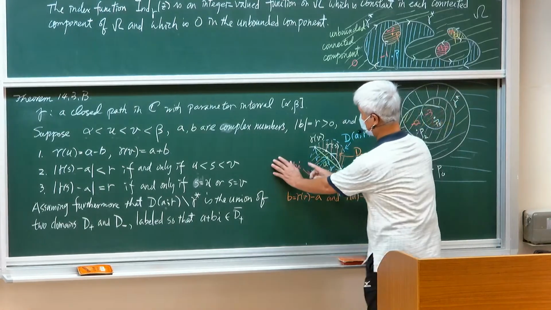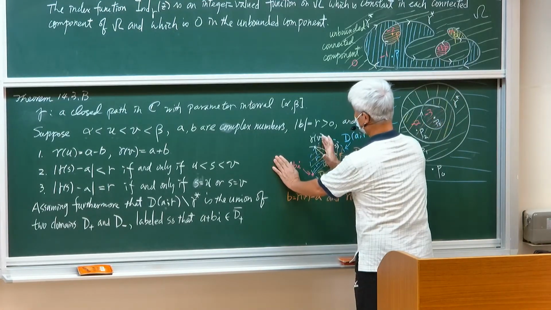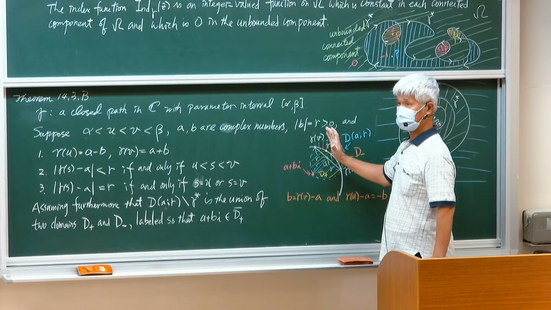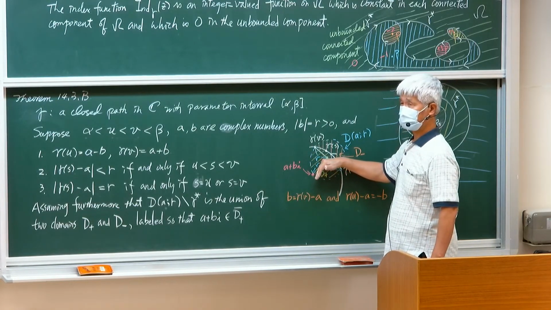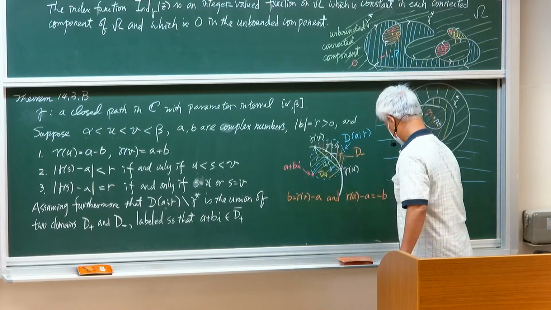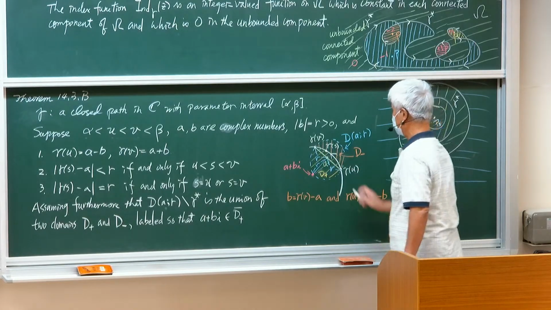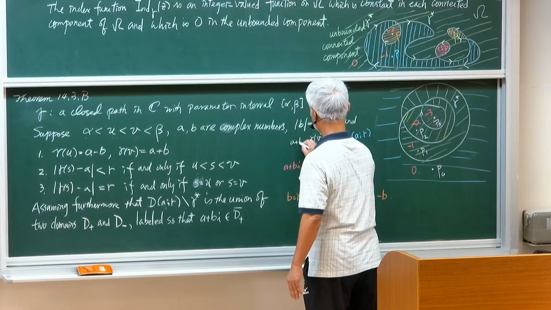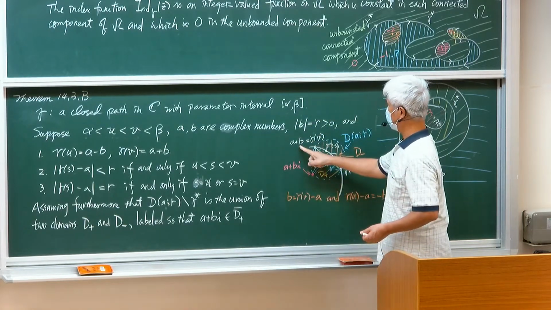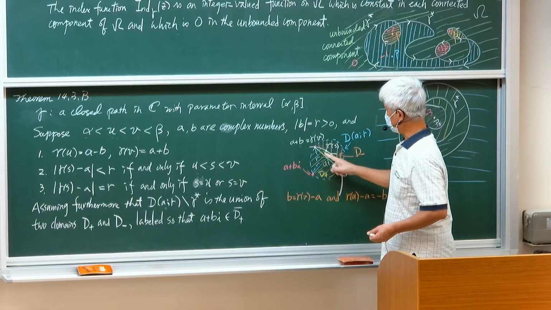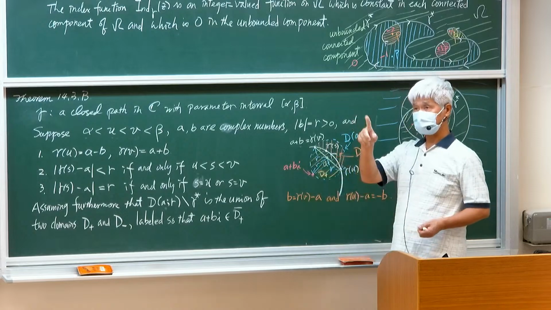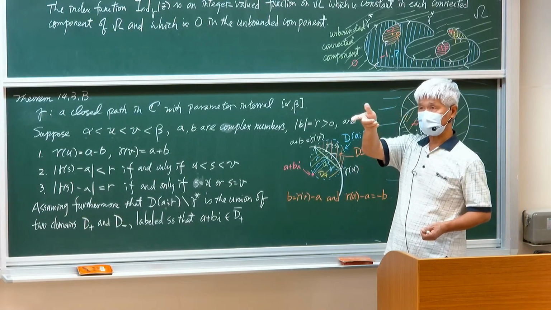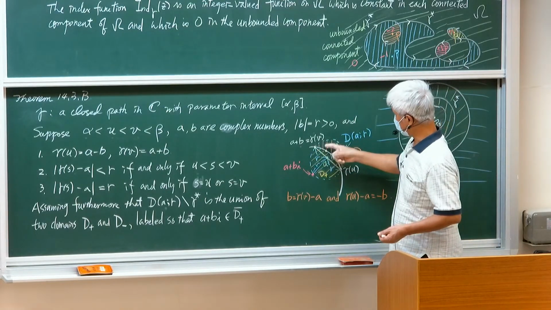Because if a complex number is multiplied by I, the angle will increase 90 degrees, right? B is this vector, but if B is multiplied by I, you rotate B by 90 degrees, so it will go here.